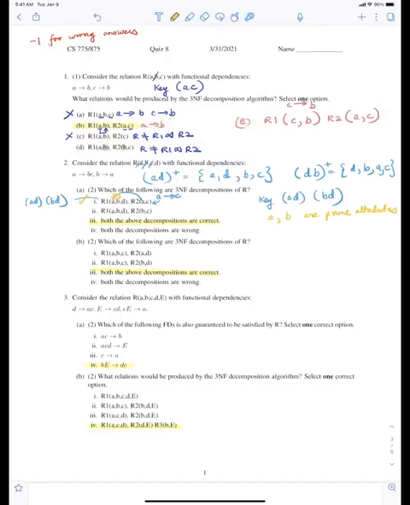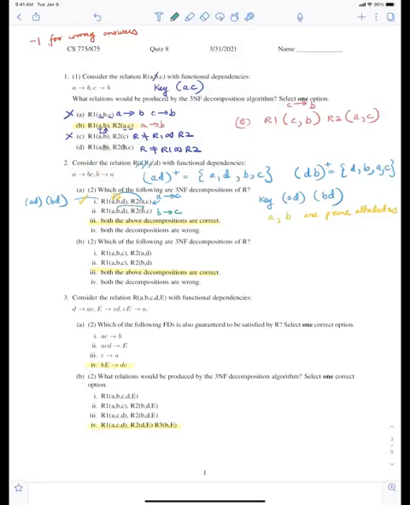Similarly, if you go down to the next one, R2, where you have B going to C. So here again, you're starting with B goes to C. And that's okay, because remember, B goes to A and A goes to C. Therefore, from the transitive property, B goes to C. So B is the connecting attribute between these two tables, and B is the key for R2.